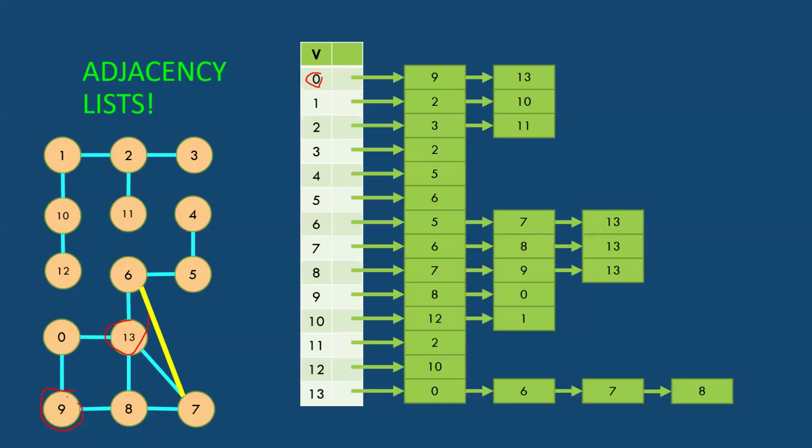So if 0 is connected to 9, that must mean that 9 is somehow connected to 0. Okay. So we can see that an edge is represented by two adjacencies in our graph. Okay. So that's a really important insight for an undirected graph.